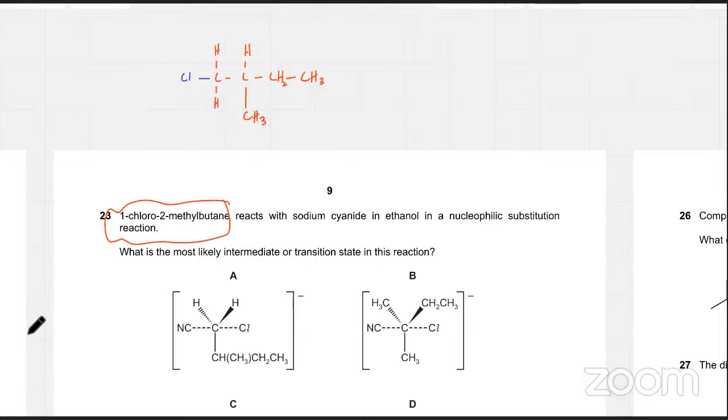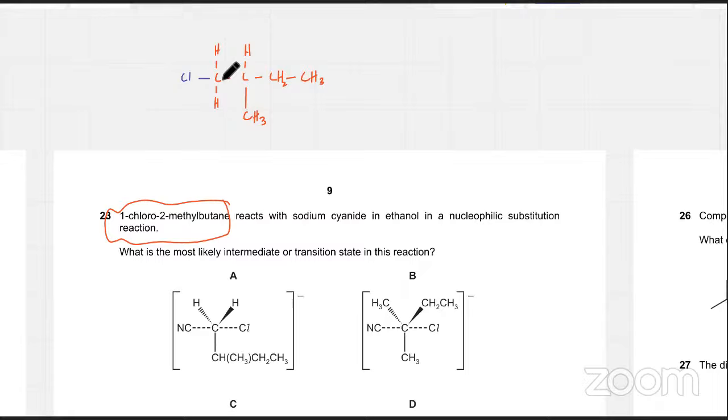Now, the first thing is you need to figure out whether it's a primary halogenoalkane or a secondary or a tertiary. So I'm just going to give you a brief overview of all of this.